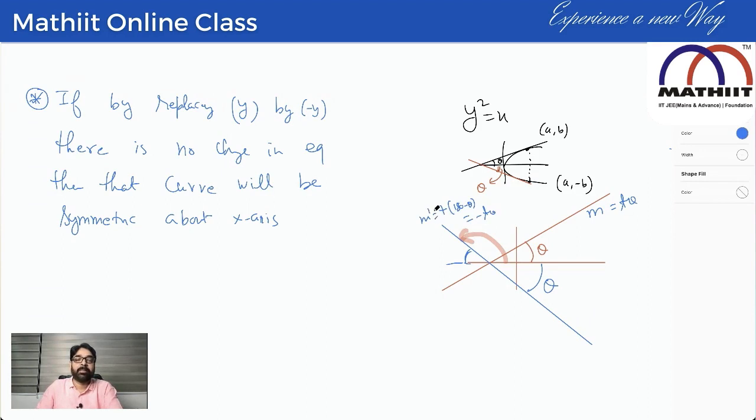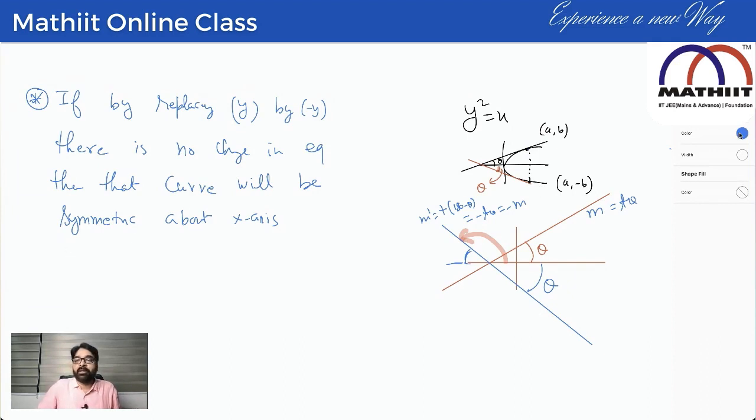So this slope, suppose m dash, will be equal to minus m. Are you able to understand? If this line's slope is m, this line's slope will be minus m. So if any curve is symmetric about x-axis and the slope of the tangent at a comma b is m, the slope of the tangent at a comma minus b will be minus m. No need of calculation.